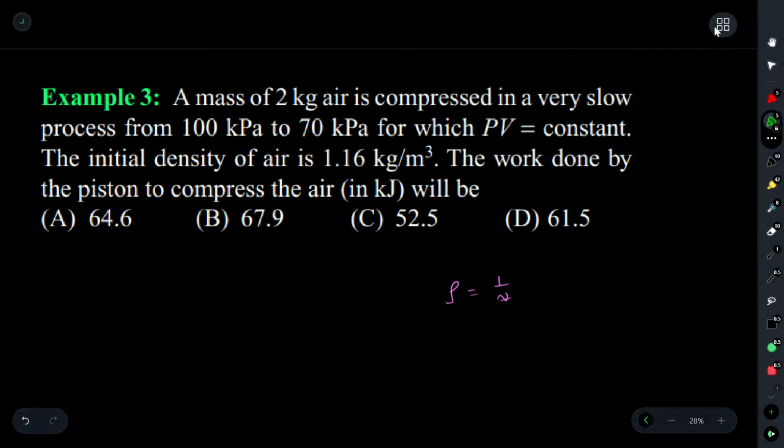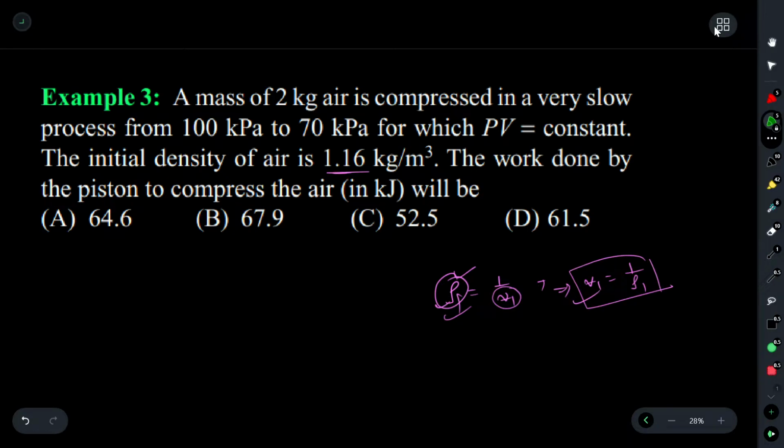So if rho 1 is given, then V1 is given to us. That means we can find the value of V1 by taking the ratio, so V1 will be equal to 1 by rho 1. So simply I can find out this value, right?